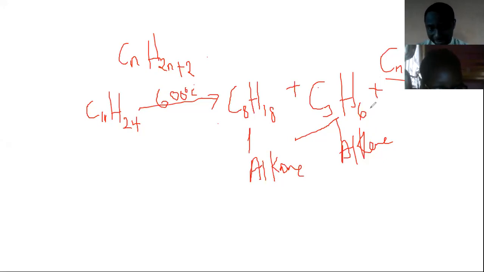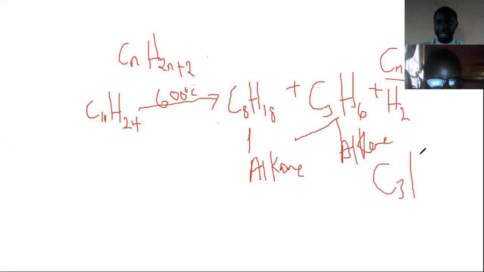This alkene will be converted into alkane, because the hydrogen reacts with it to give C3H8. So in hydrocracking we'll be having more alkanes, and we won't be having any more alkenes. All right, that's hydrocracking.